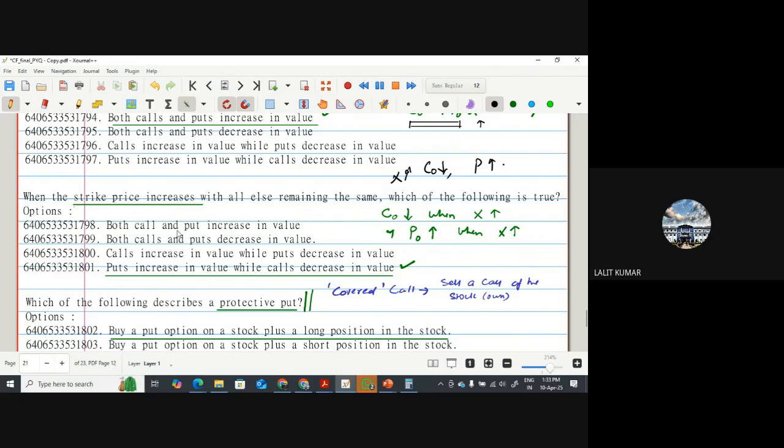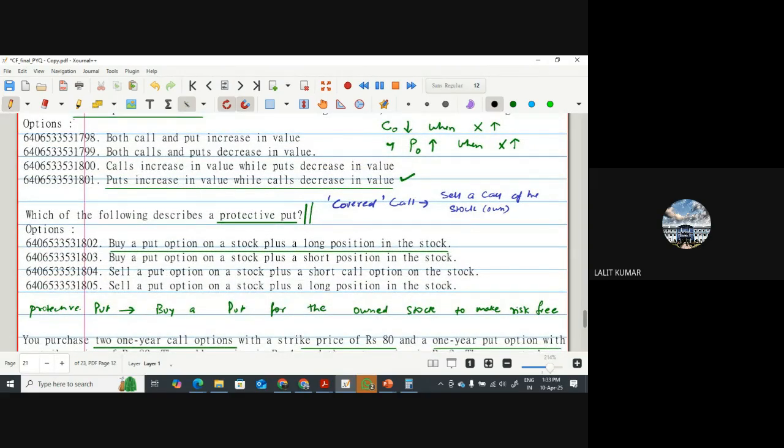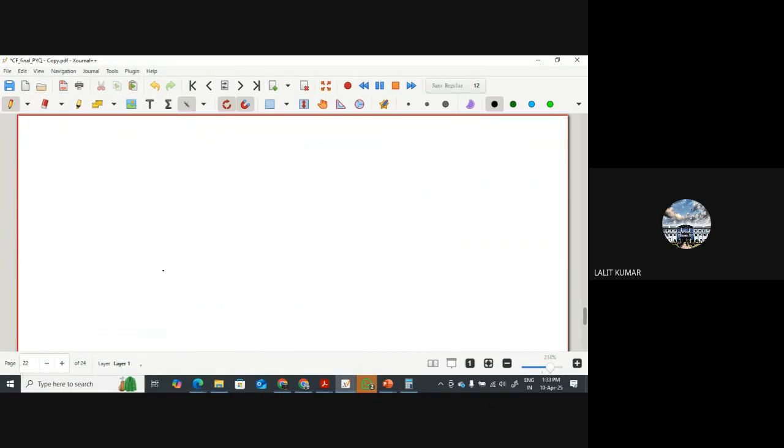So what is the meaning of protective put? Protective put means that I have got 500 shares of Reliance.